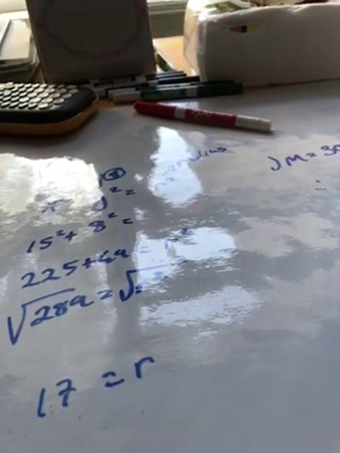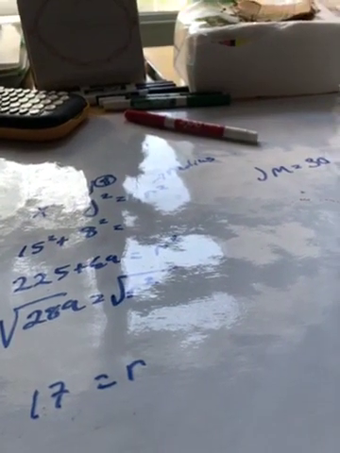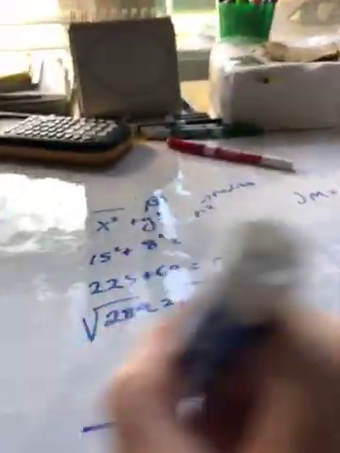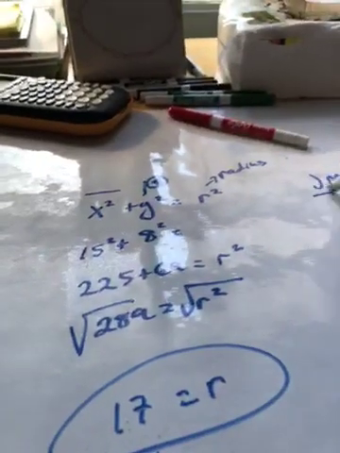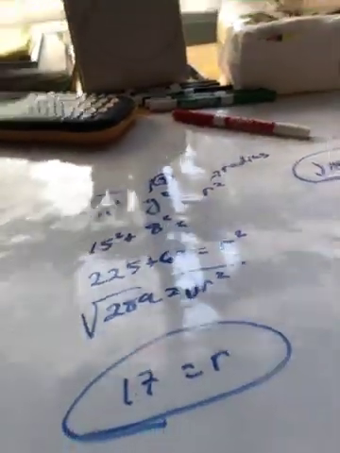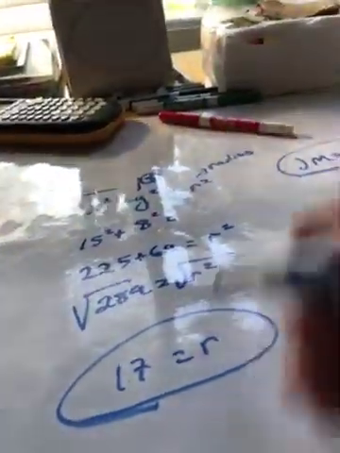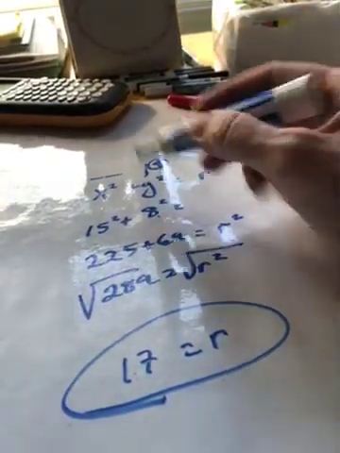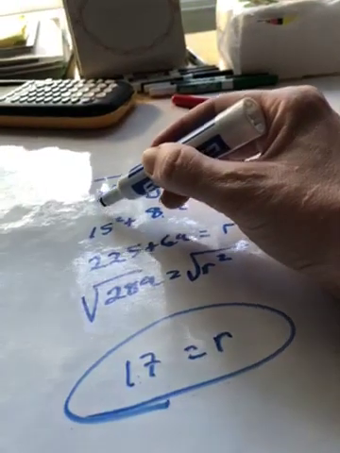So they give us 15, which means the total length is 30. And then the distance from N to M is going to be 17. N to M is a radius. So chords get bisected, so we double them. And the radius we find by doing the distance from the center squared plus half the chord squared.